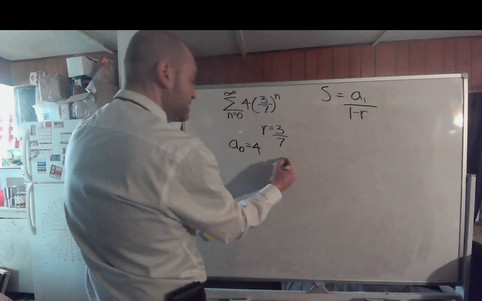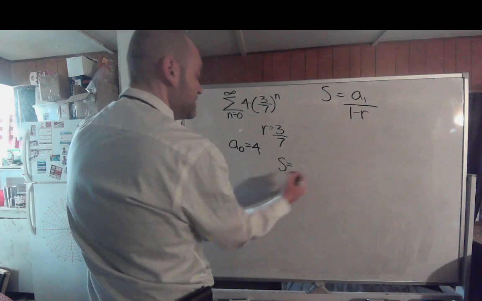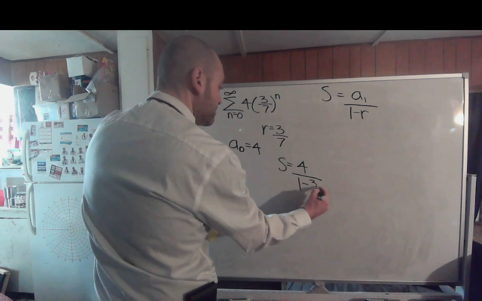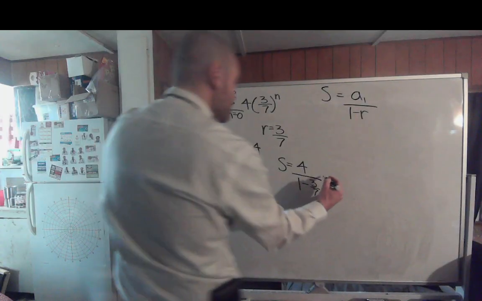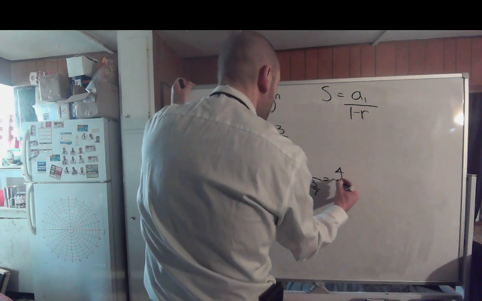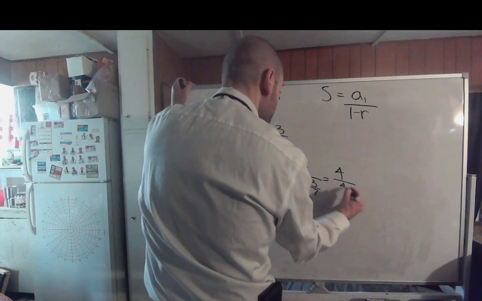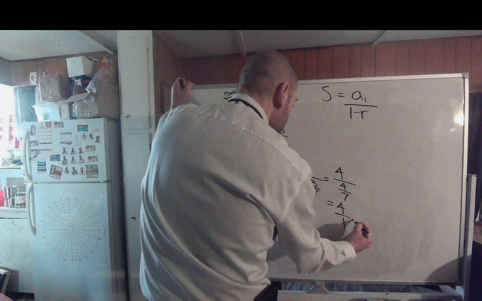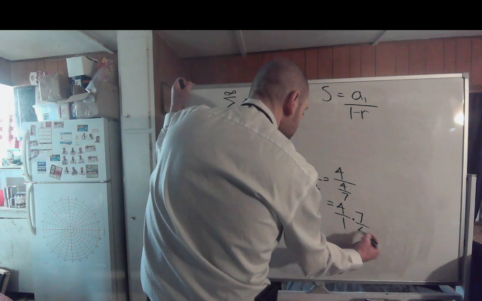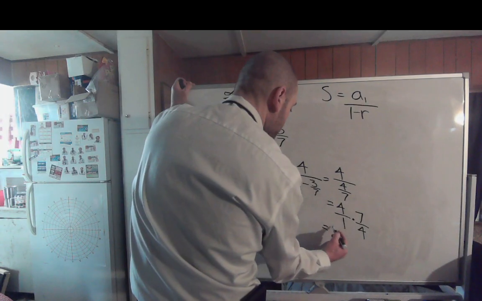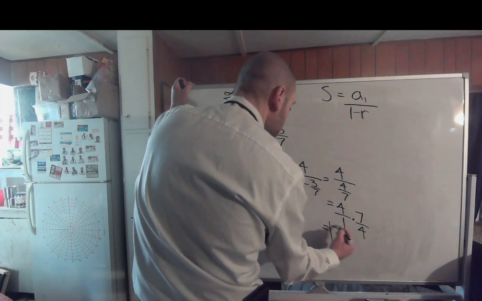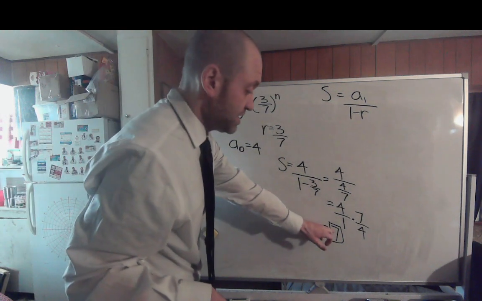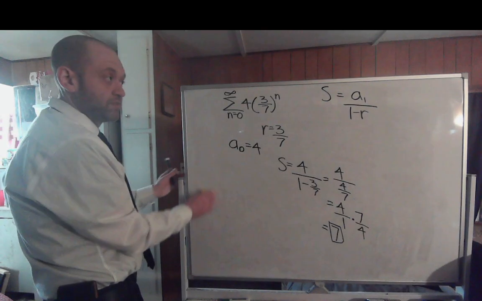So now to find the sum, it's going to be the a sub 0, which is 4, all over 1 minus your common ratio of 3/7. So this would equal 4 all over 4/7, which would equal 4 all over 1 times 7/4, which would converge to 7. So the answer to this infinite geometric series, the sum would converge to 7.